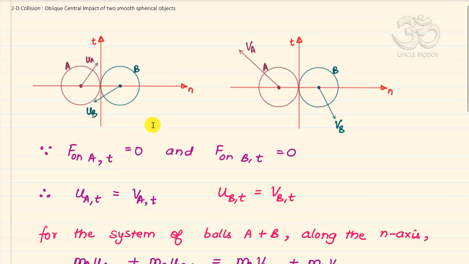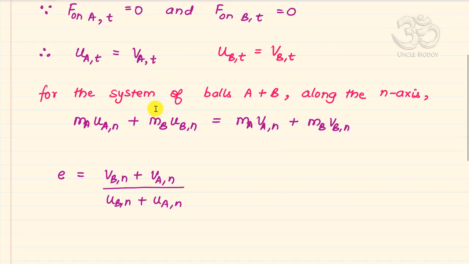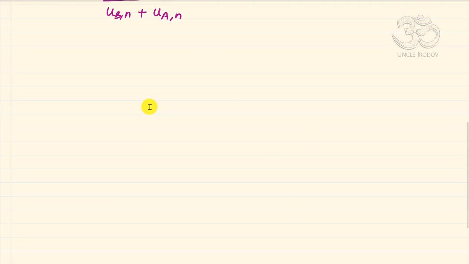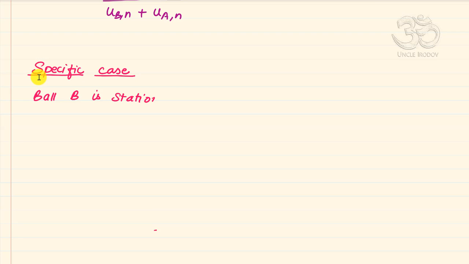Now this is a fairly general approach, but there is also one very interesting specific result. So let's go for that specific case. Let's say there is a specific case of this oblique central collision where ball B is stationary before the collision.